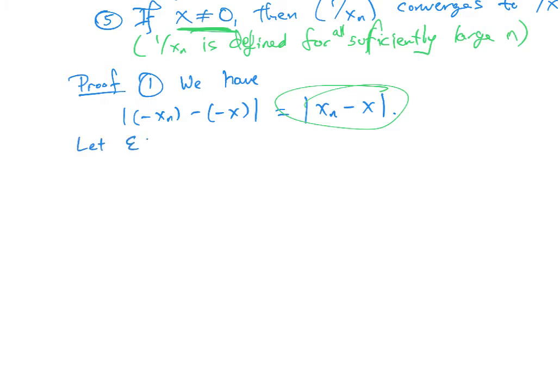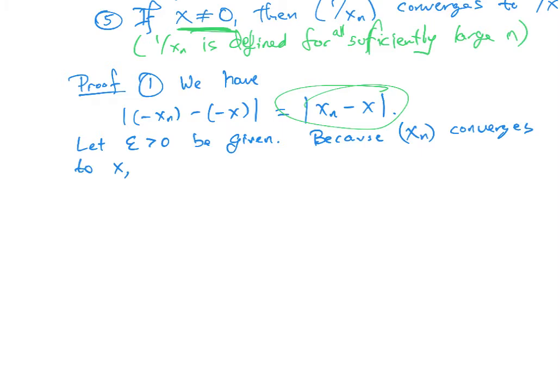Let epsilon greater than 0 be given. Because the sequence xn converges to x, what does that mean?